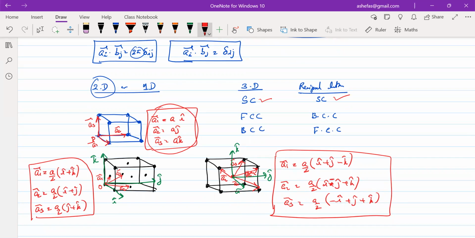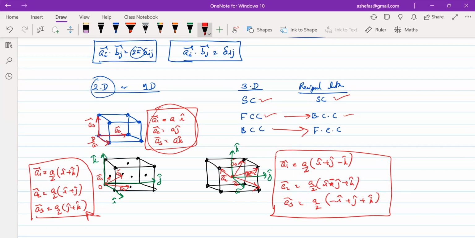For the face-centered cubic real lattice, B1, B2, B3 take this particular form, which is a body-centered structure. So for the face-centered real lattice, we get a body-centered reciprocal lattice. And finally, for the body-centered real lattice, B1, B2, B3 take this kind of structure, which is why for BCC we get an FCC reciprocal lattice.